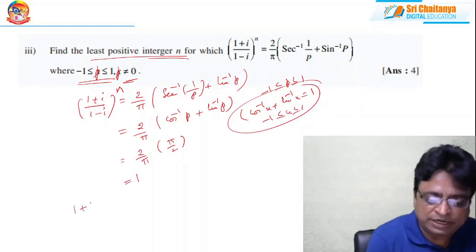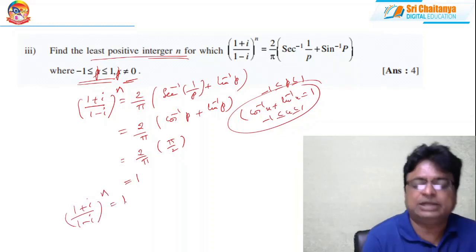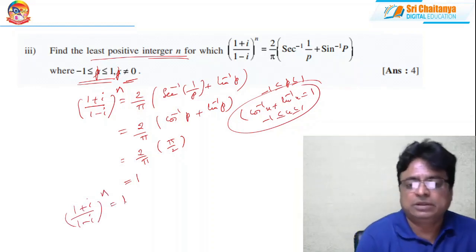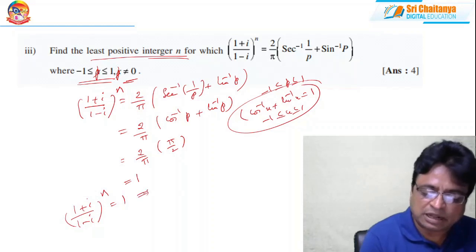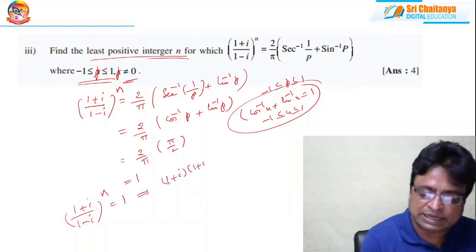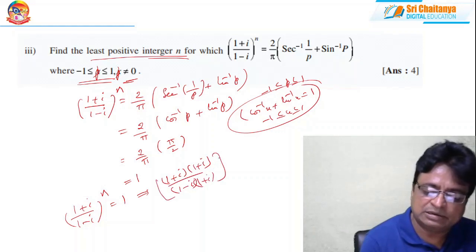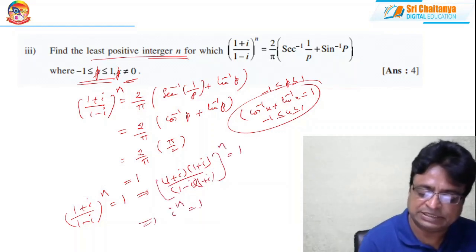Now, whenever 1 plus i by 1 minus i whole power n is equal to 1, automatically it is nothing but a previous model. What is the least value of n? After rationalization, it is 1 plus i into 1 plus i by 1 minus i into 1 plus i, whole power n equal to 1. After simplification, this is i power n equal to 1.